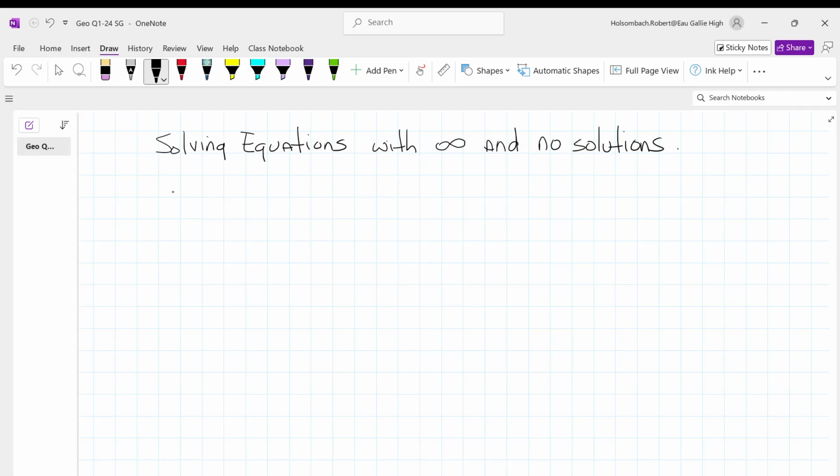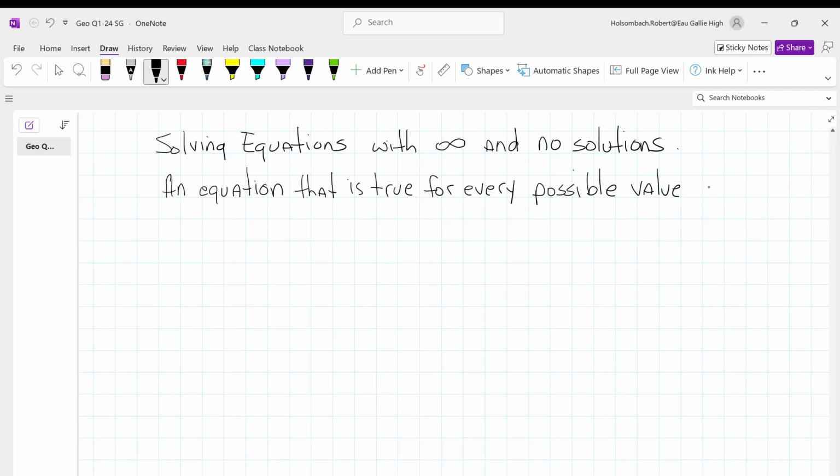All right, so we're going to say that an equation that is true for every possible value of the variable is an identity.